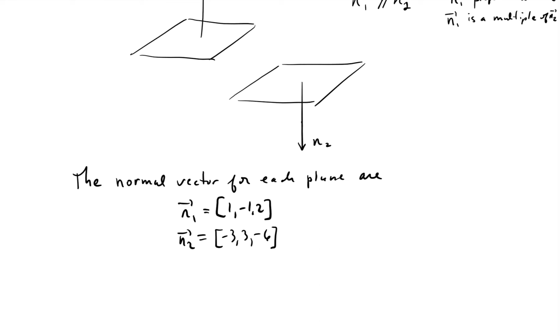Now, the question is: is N2 a multiple of N1? It's not hard to see that -3 N1 is equal to N2, so N1 and N2 are proportional, and the planes are parallel.